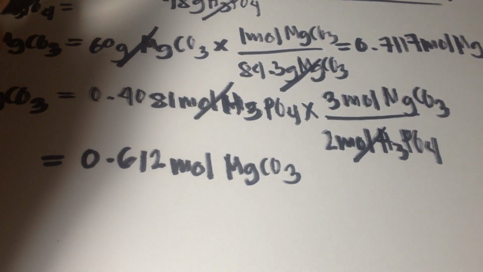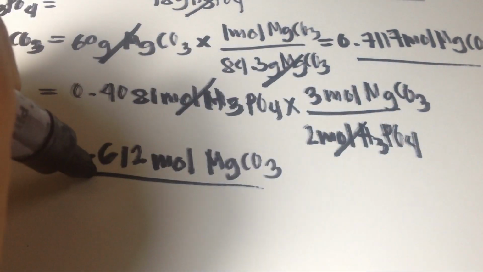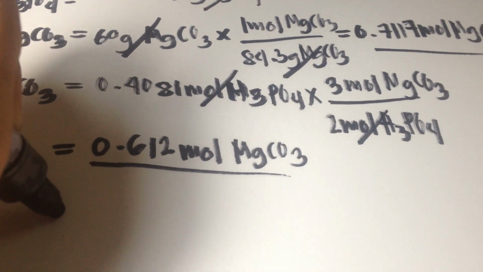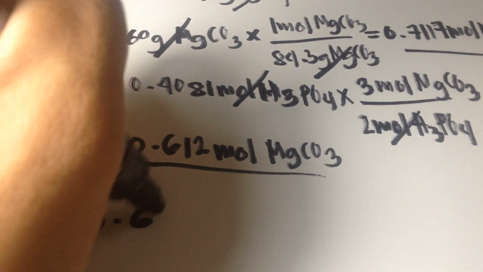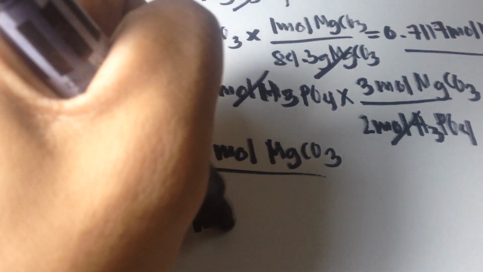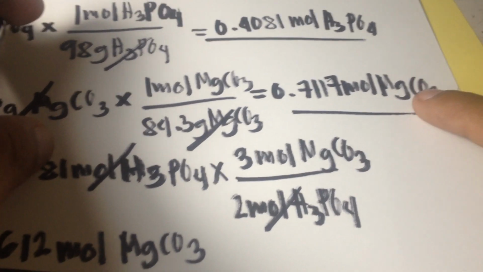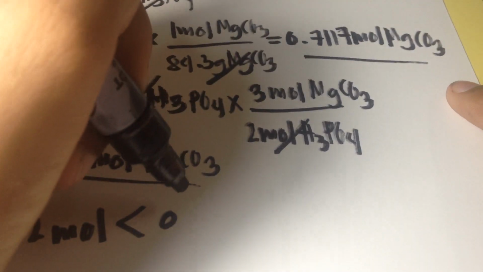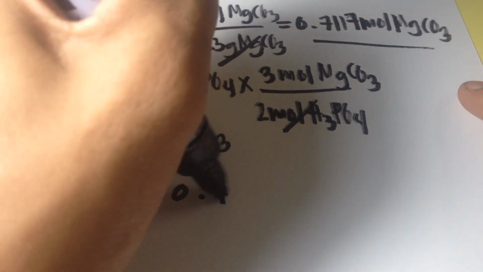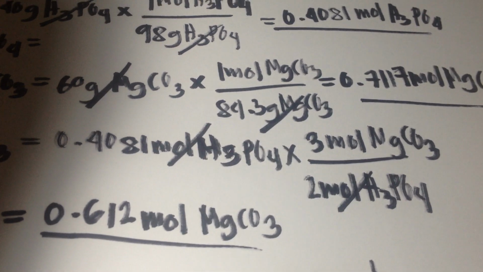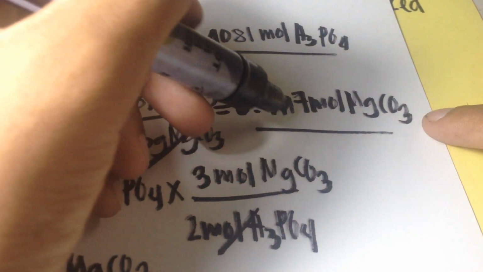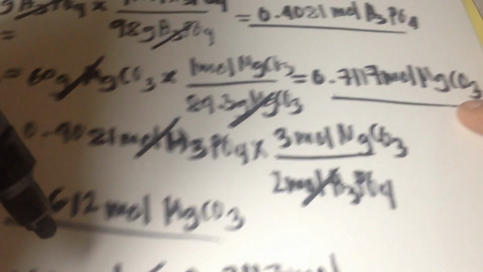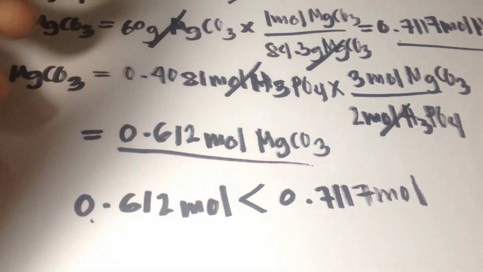So let's compare the values of magnesium carbonate here. 0.612 moles is less than 0.7117. So the limiting reactant is the phosphoric acid, because the old magnesium carbonate is greater than the new magnesium carbonate.